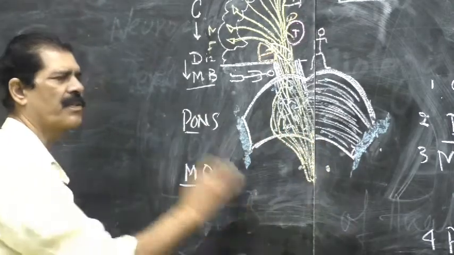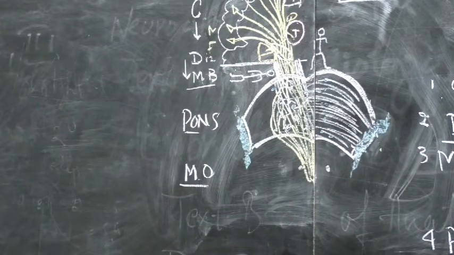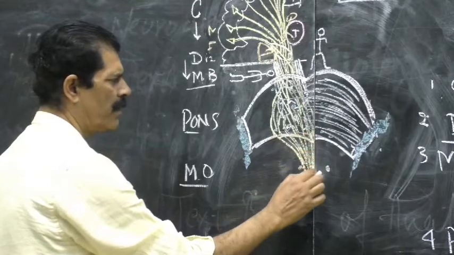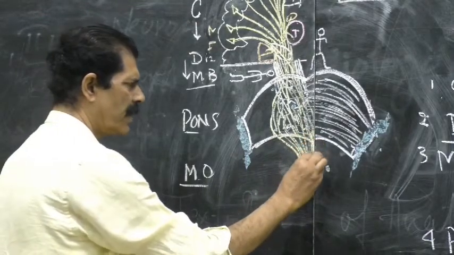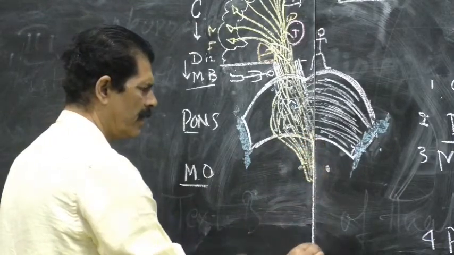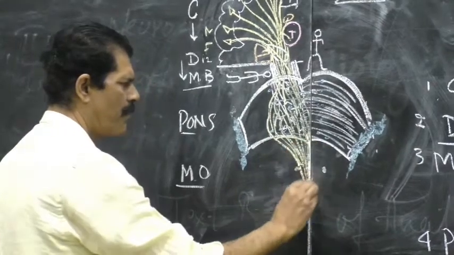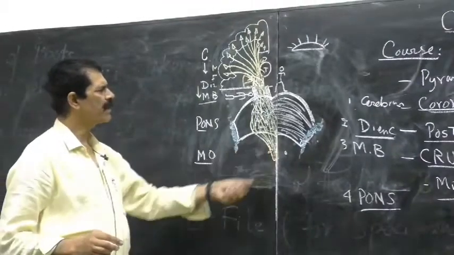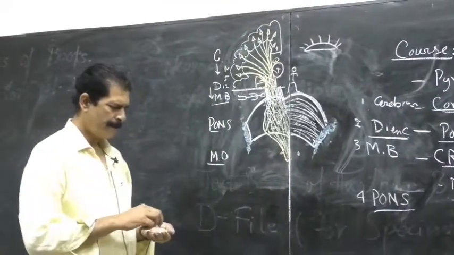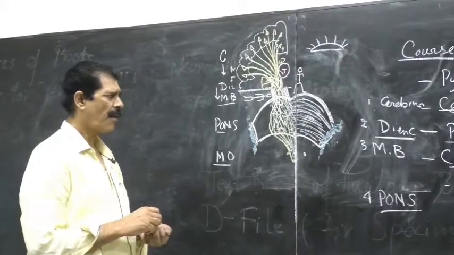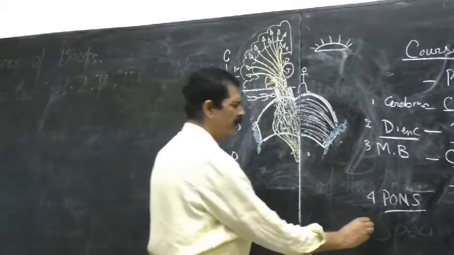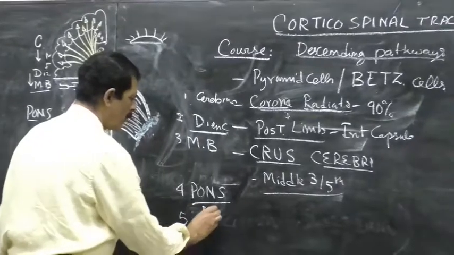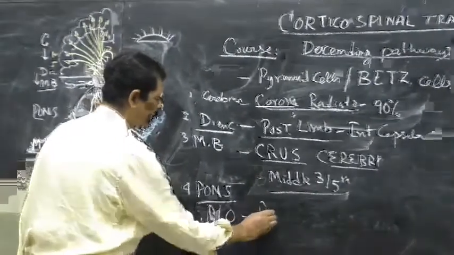Broad from above, and as we go down they become narrow. Just on either side of the anterior median sulcus of the medulla, below the pontomedullary junction, they assume the shape of a pyramid, and because of this we use the word pyramid. So in the medulla oblongata, they are pyramidal in shape.